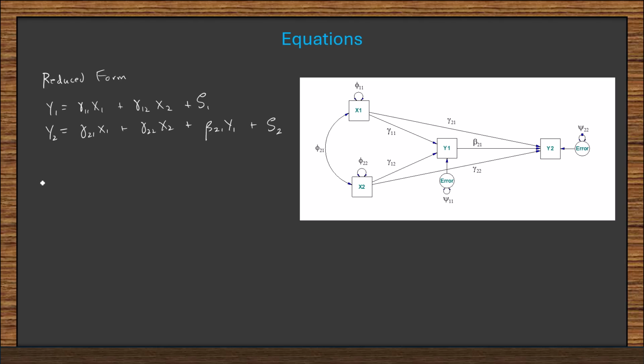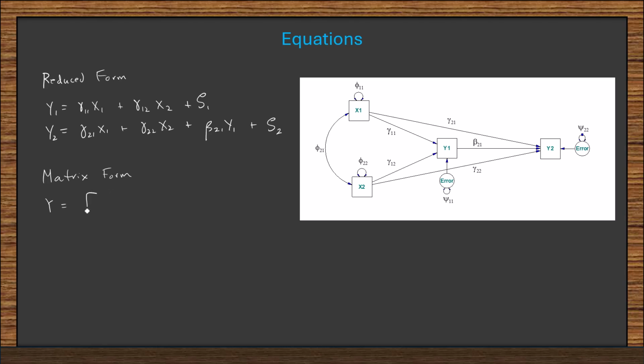Now we could also write the equations in matrix form. One reason you might want to do that is if in a paper you want to express the equation in matrix form, which is commonly done, you're going to write it in this fashion, where we're going to have a matrix for y, representing the y variables.